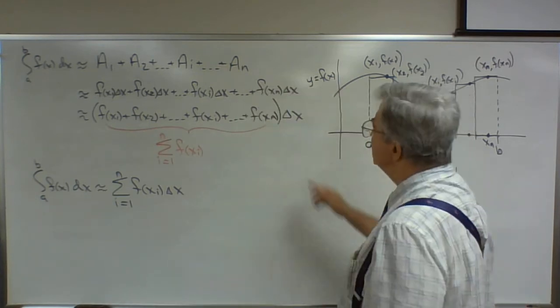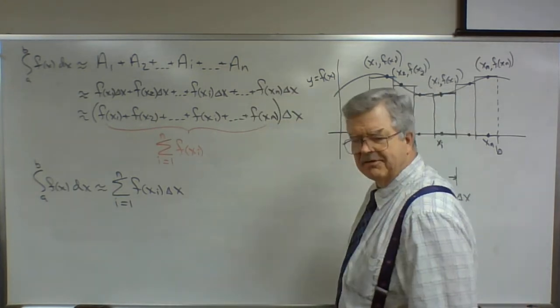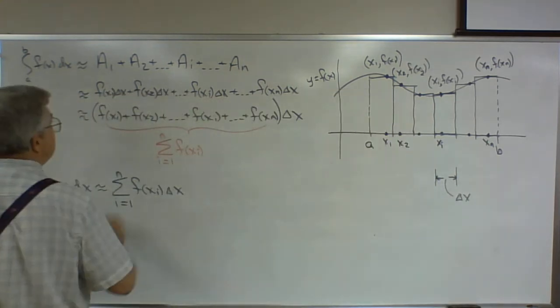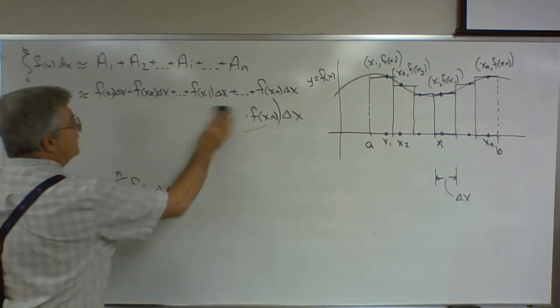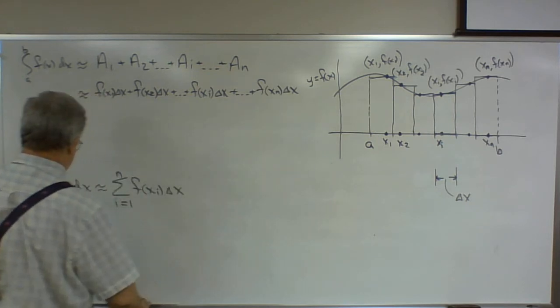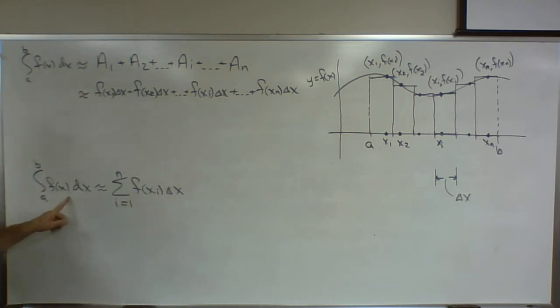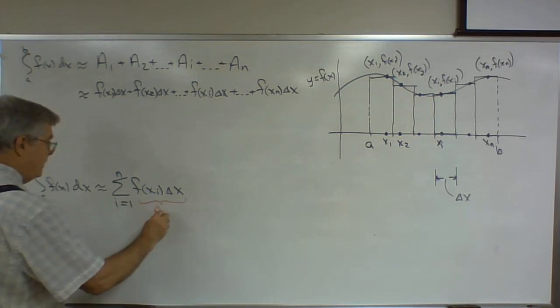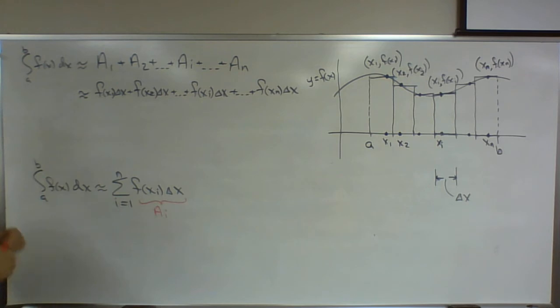But this is what the definite integral is approximately equal to. The summand is just the area of the ith rectangle.